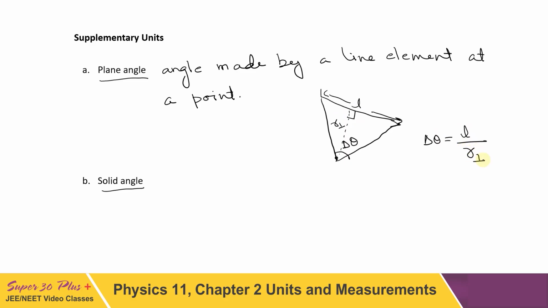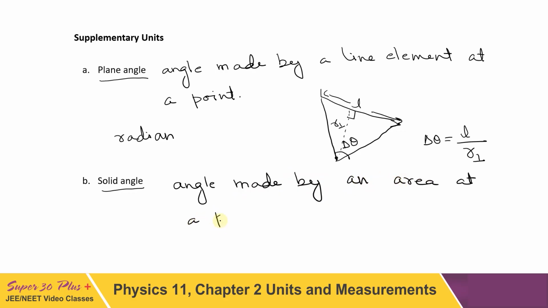Now unit of plane angle is radian. It is the SI unit. All the units that we are taking are SI units. Now comes solid angle. Now how this is defined? Solid angle: angle made by an area at a point. Instead of line element, now it is area that is subtending the angle at a point.